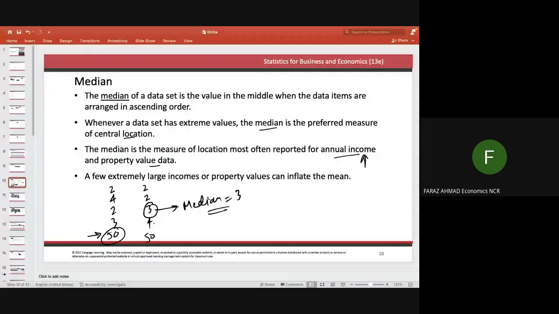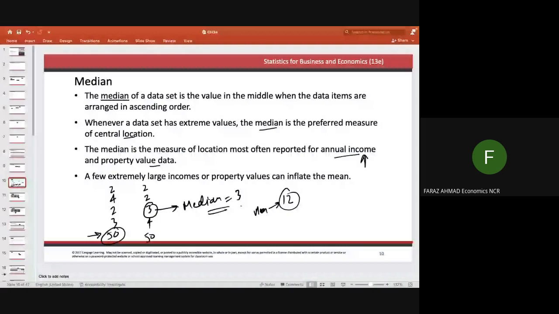So this 50 is not inflating the median. Median remains where it is, 3. While if you calculate the mean of these numbers, it would be 50 plus 4, 54, 57, 59, 61 divided by 5. So it should be around 12. So mean would be 12.